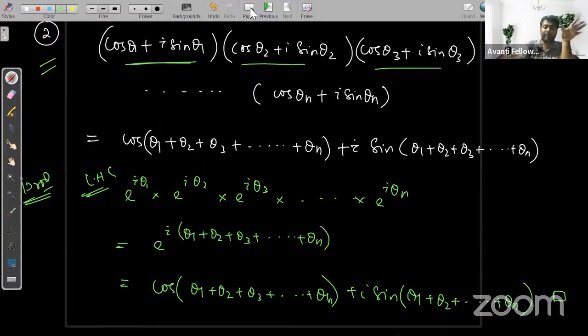Now we'll go through case 2. Case 2 is also about de Moivre's theorem.